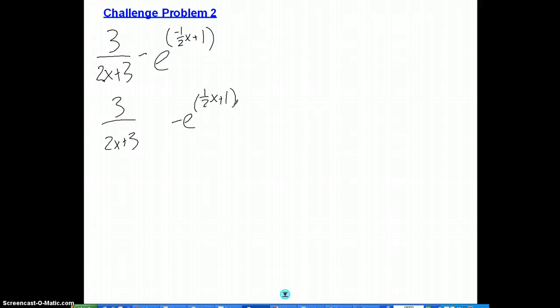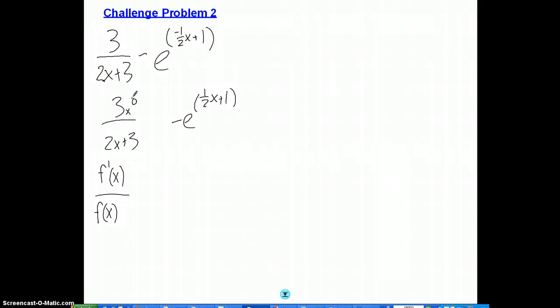For the first part, we go through our antiderivative section, and we find that this looks something like f prime x over f of x, because 3 could be rewritten as x to the 0, and x to the 0 is a derivative of x, therefore we can conclude that it's somehow related to f prime x over f of x.